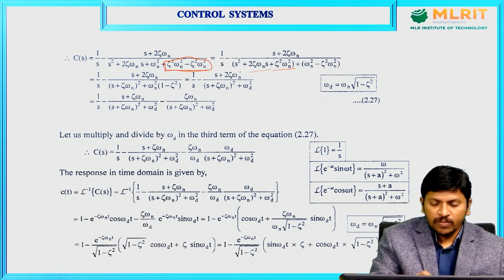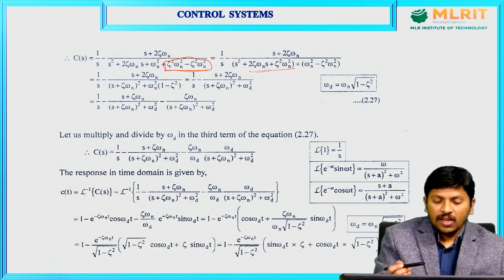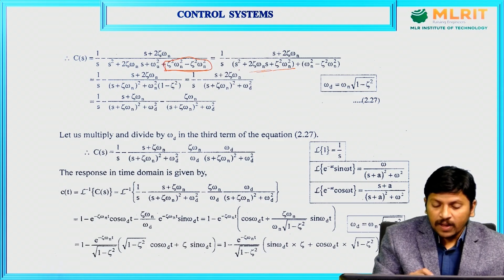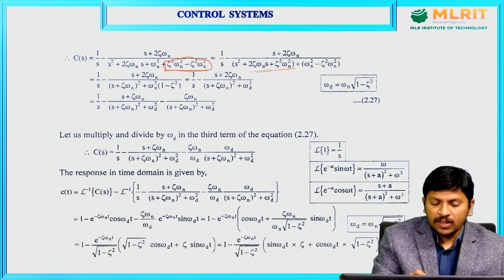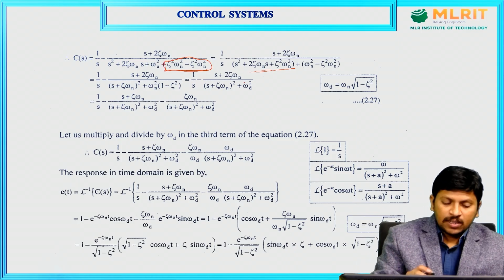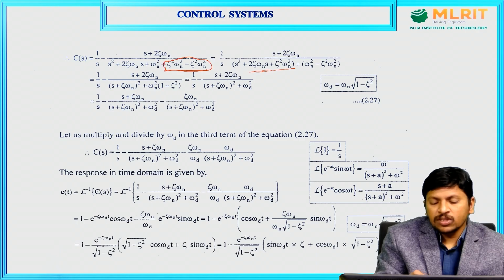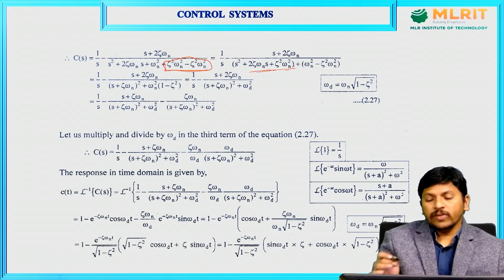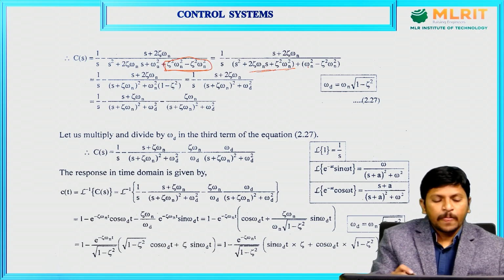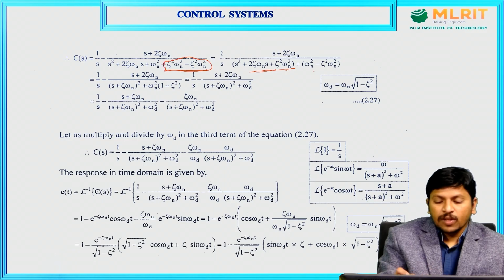Observe, a plus b whole square equals a square plus b square plus 2ab. In the same way, s square plus 2 zeta omega n s plus zeta square omega n square: for 2ab, a equals s and b equals zeta omega n.